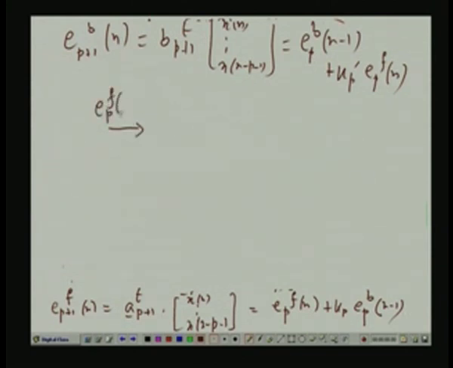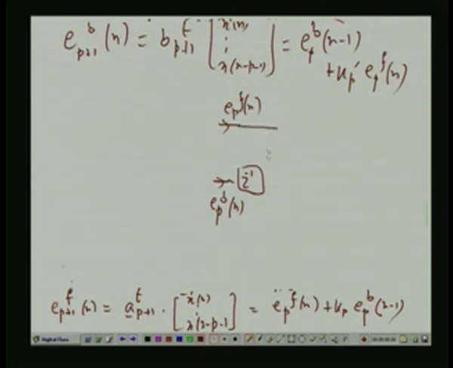If you have this, this is Kp multiplied, this is Kp prime.